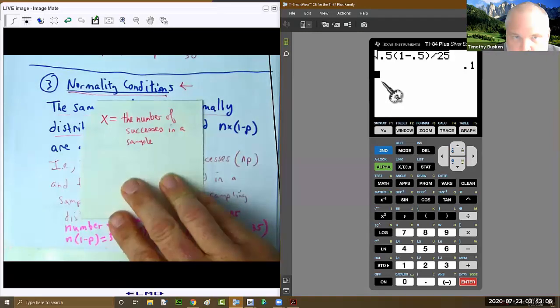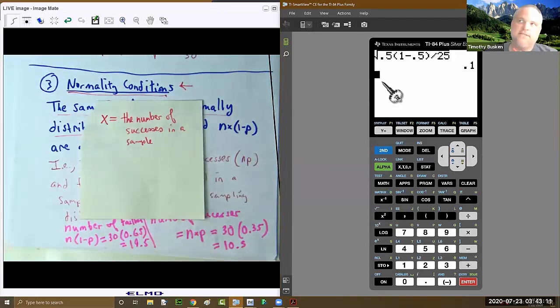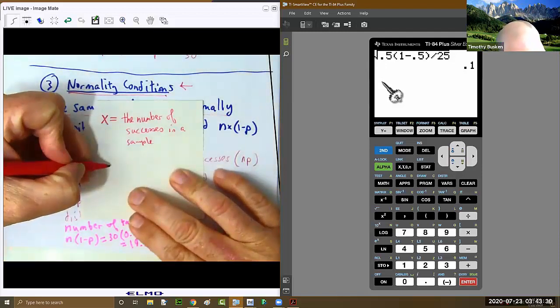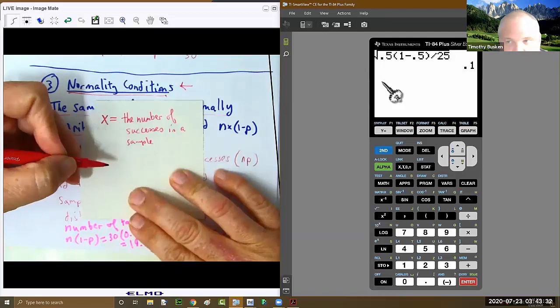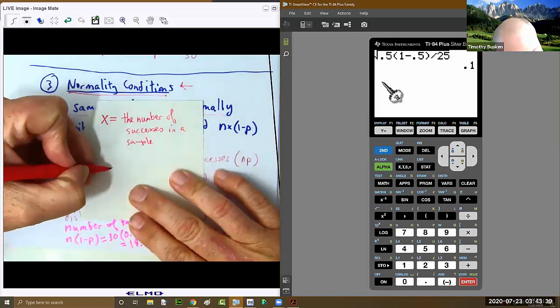But moreover, if you want to estimate the number of successes that you would expect in a sample, or the number of successes that you would consider to be typical in a sample, the best way to find that is to find the mean of the binomial distribution. And that's going to be n times p.